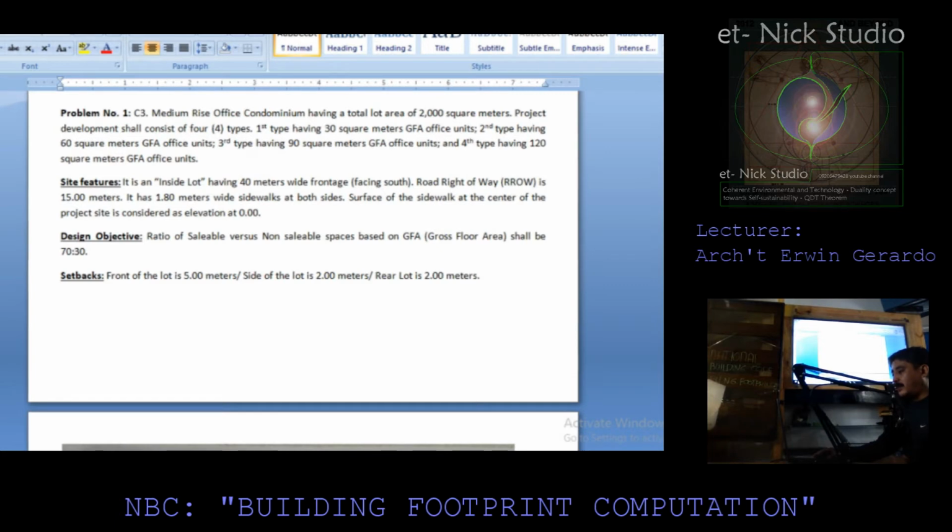So the design objective: the ratio of saleable versus non-saleable spaces based on the gross floor area shall be 70 to 30. Setback: front of the lot is 5 meters, sides of the lot is 2 meters, rear of the lot is 2 meters.